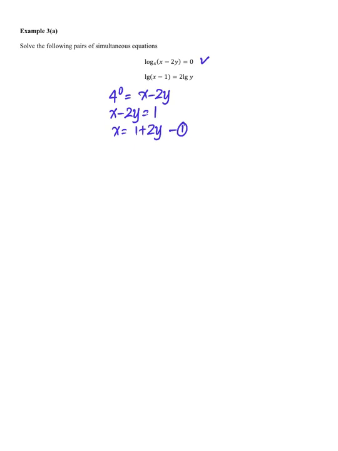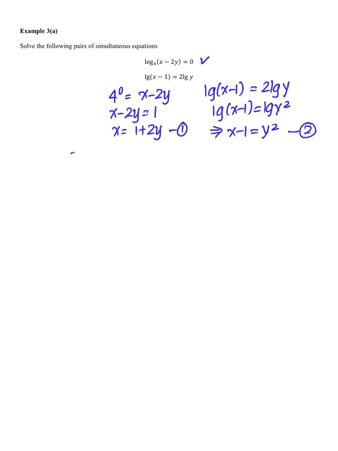The second equation is lg (x minus 1) equals 2 lg y. So it's lg (x minus 1) equals lg y square. Therefore x minus 1 is equal to y square. This is equation 2. So substitute equation 1 into equation 2.